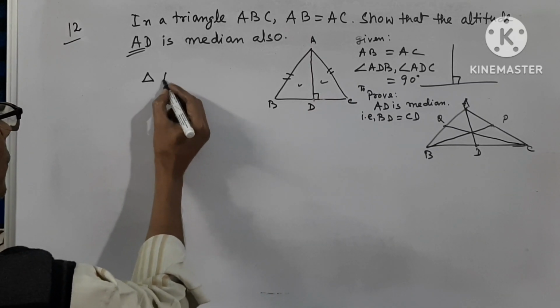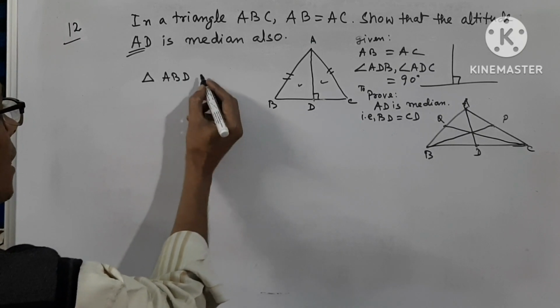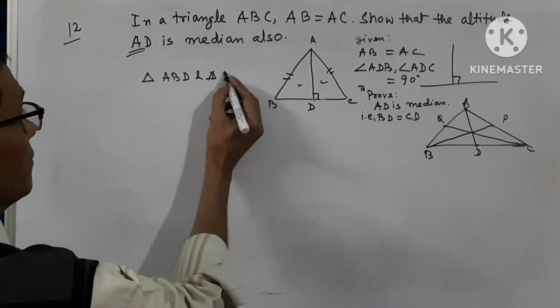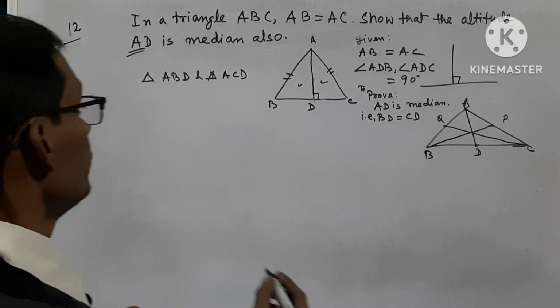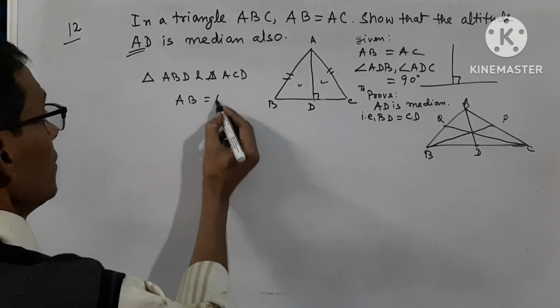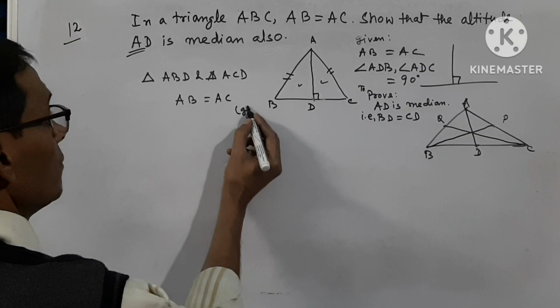In triangle ABD and triangle ACD, AB is equal to AC, it is given.